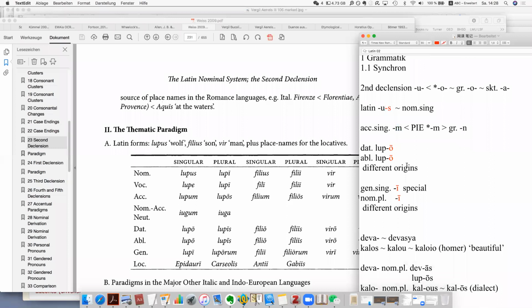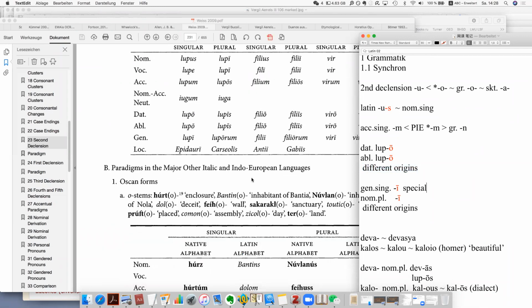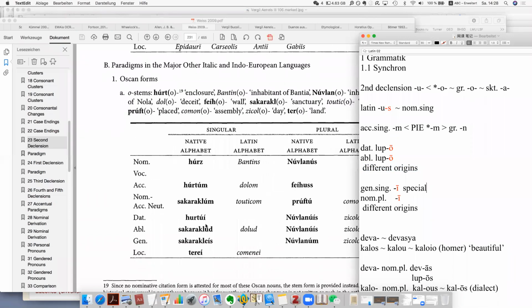Okay. And then we also checked the dative and ablative, and mentioned they have the same appearance, but they have different origins. And the different origin, you can find it in Sabellic language.